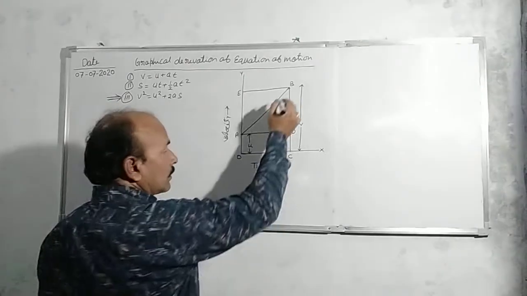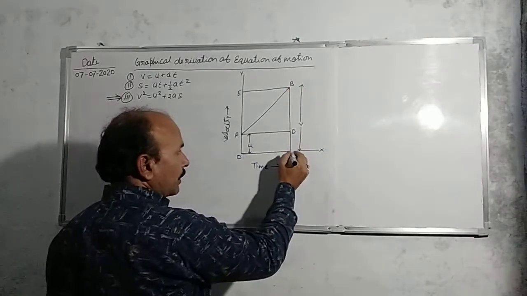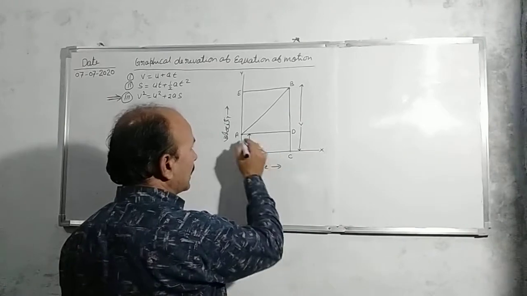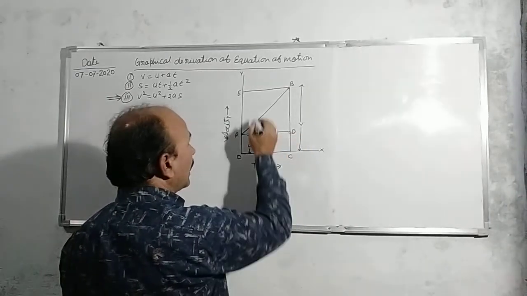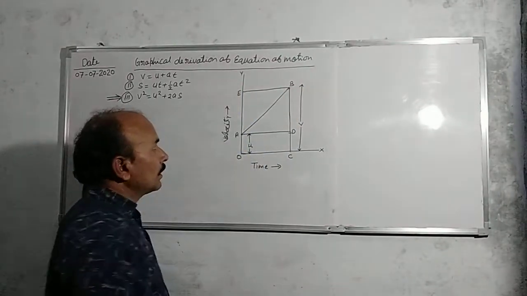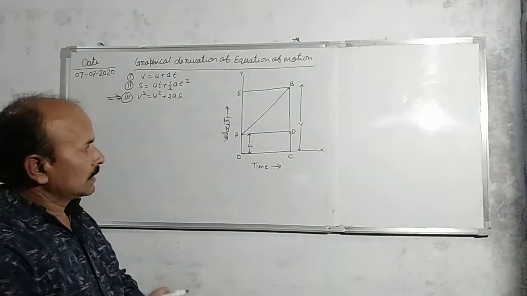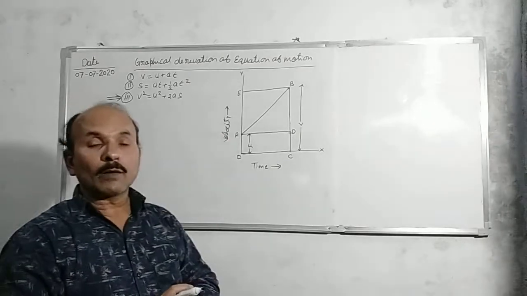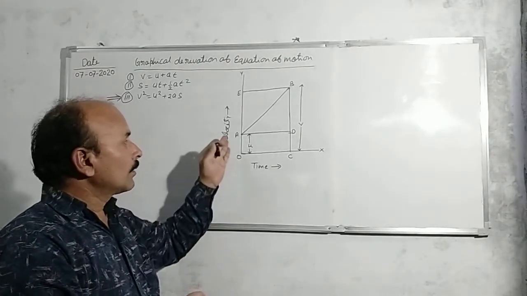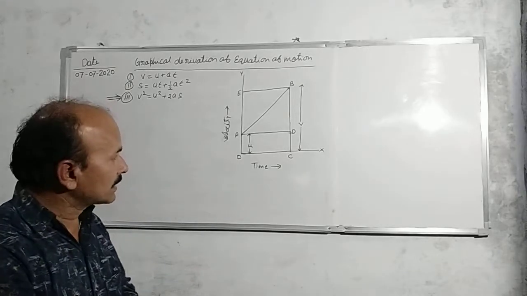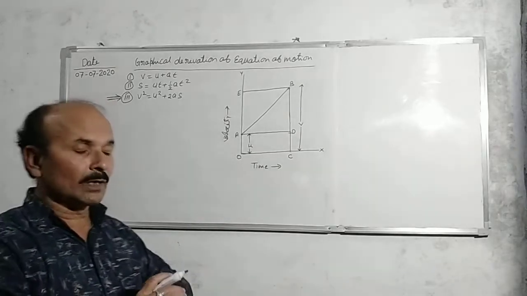Now draw a line BC perpendicular to the x-axis, AD perpendicular to BC and BE perpendicular to the y-axis.